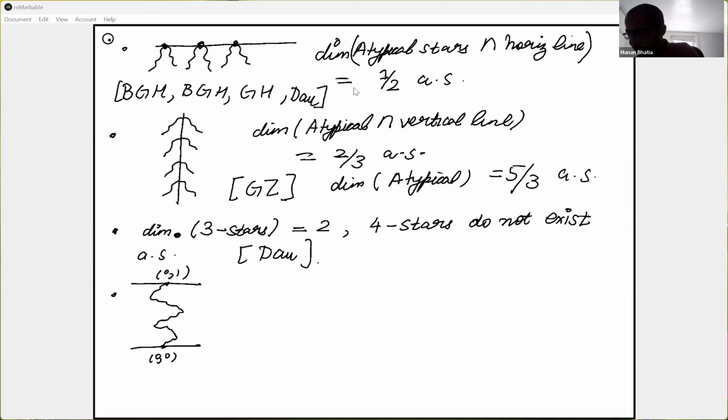I'm almost showing a unique path. And now we look at these atypical stars on this. So you get something like this, right? You want to find out how many of these there are. So now I state the result.